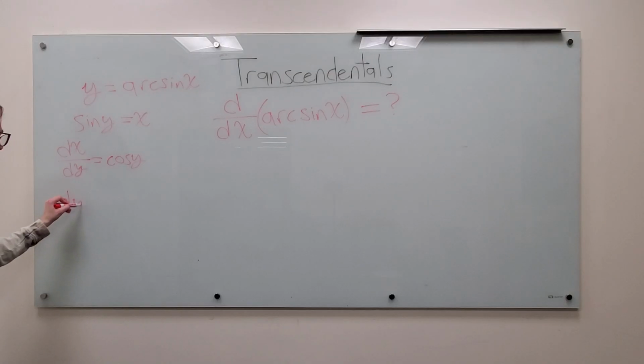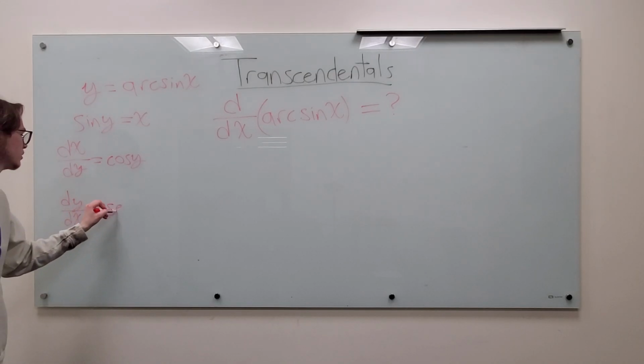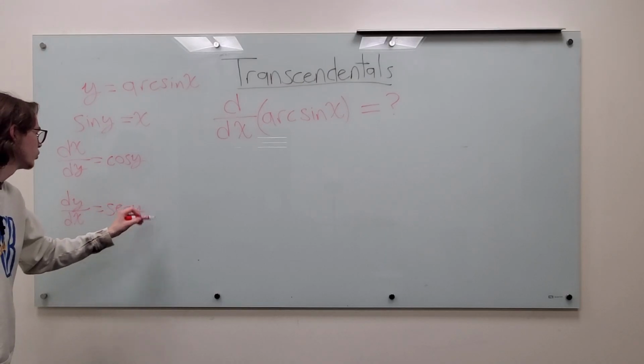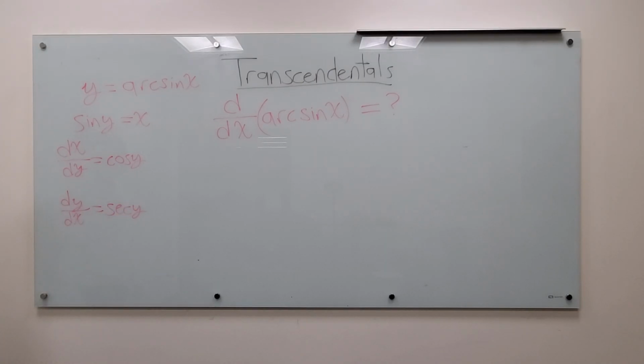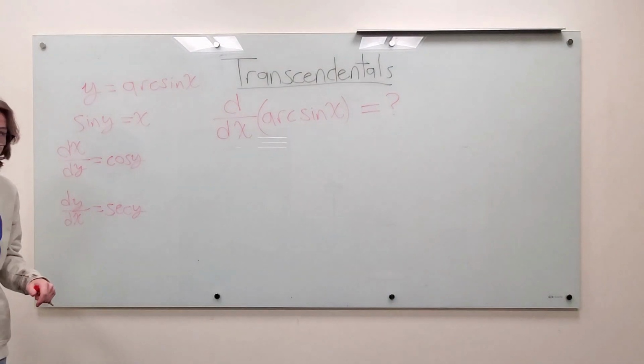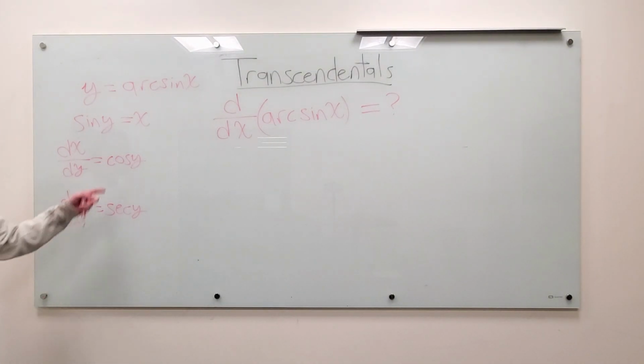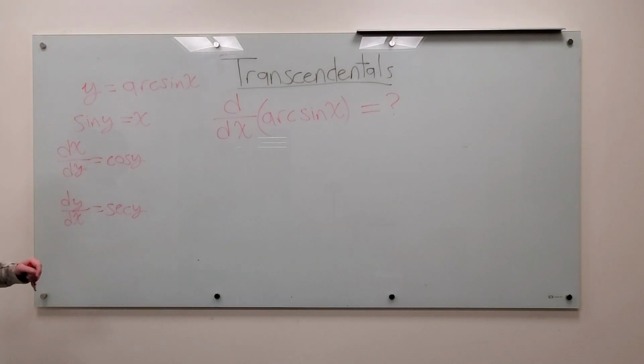Therefore, dy/dx is going to be equal to secant of y. Because once again, if we treat the differential like a fraction, which it definitely is, then we simply take the reciprocal of cosine, which is secant.